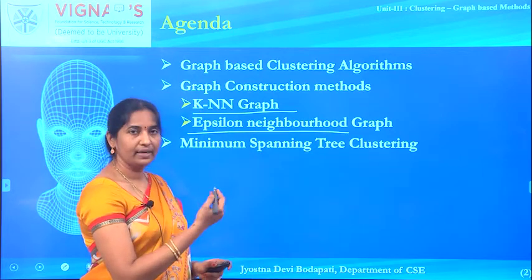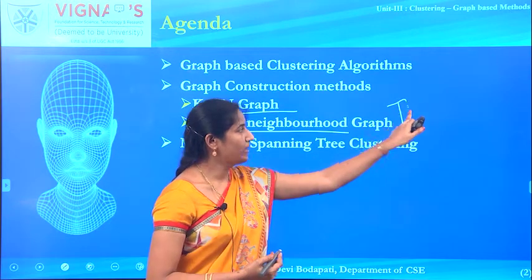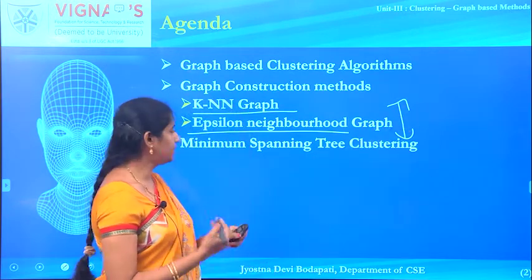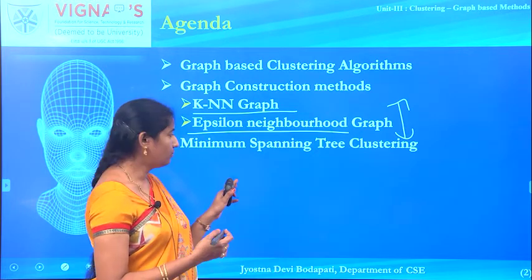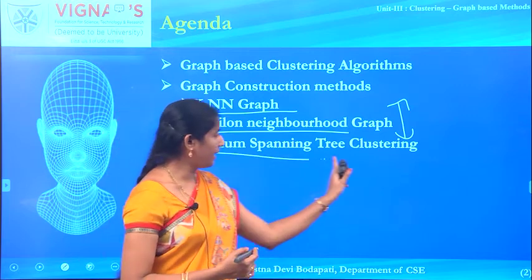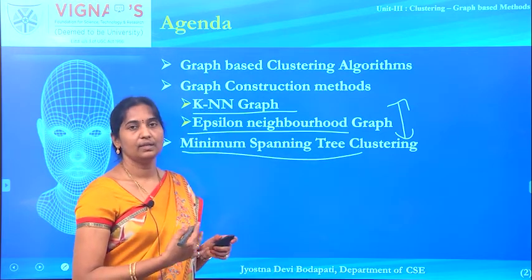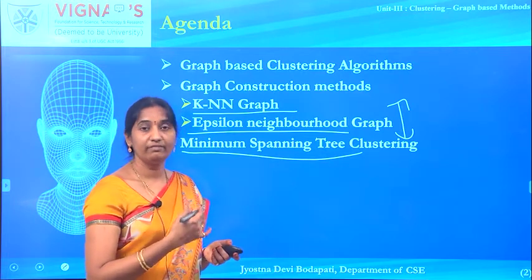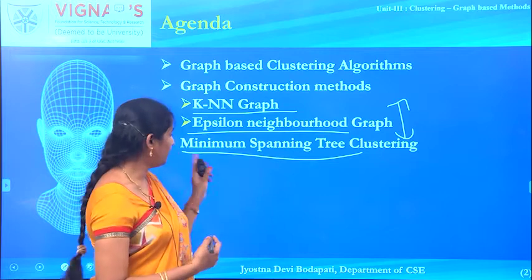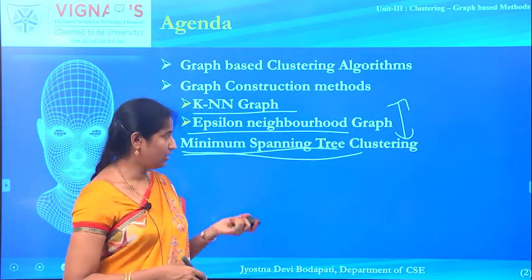What are the advantages and disadvantages of these two approaches? Once we construct the graph, we will see how to apply graph clustering, and we will discuss one of the popular graph based clustering approaches, the minimum spanning tree based clustering, because we are all very familiar with the minimal spanning tree.